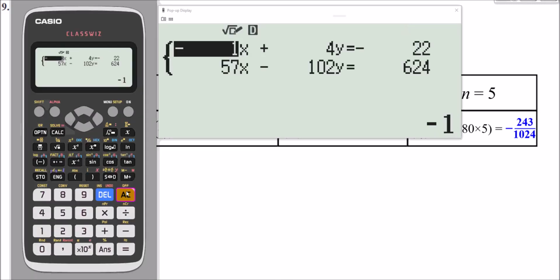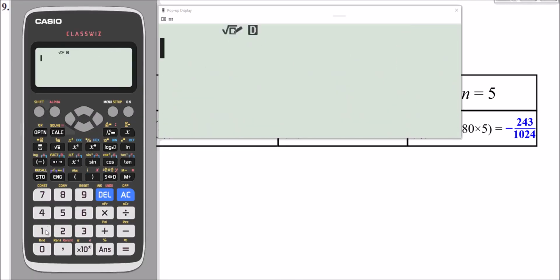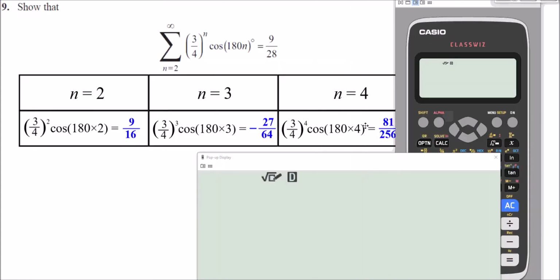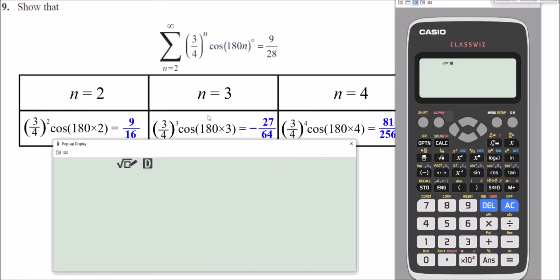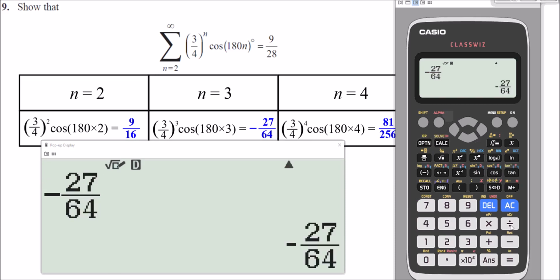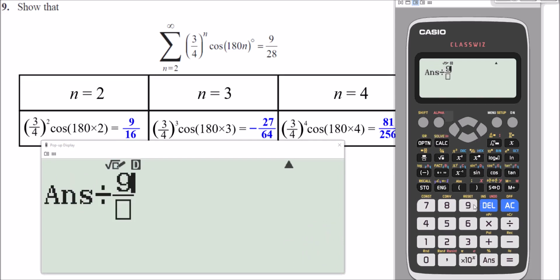So let's go back to normal mode on my calculator. The easy ones would be the first couple, of course. So if I were to take minus 27 over 64, I'll type that in as an equals, in fact, then divide that by 9 over 16, I get minus 3/4, which tells us what the common ratio is.